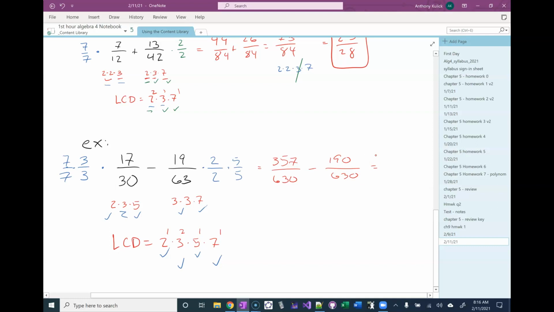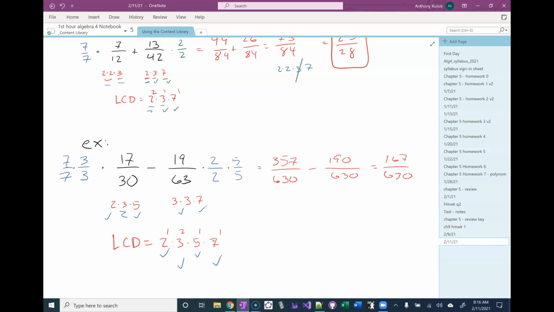So 357 minus 190 is 167, excuse me. And then the denominator stays the same. I should check to see if this reduces, but I know that my denominator only contains 2, 3, 5, and 7, so those are the only numbers I need to check to see if they can reduce 167.